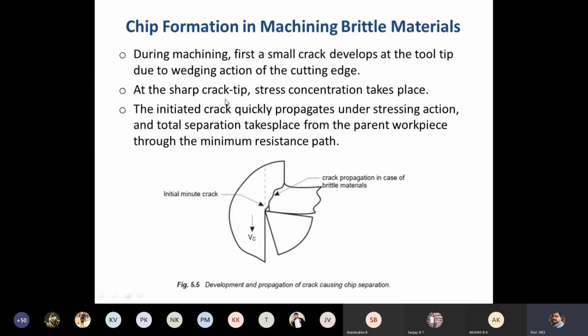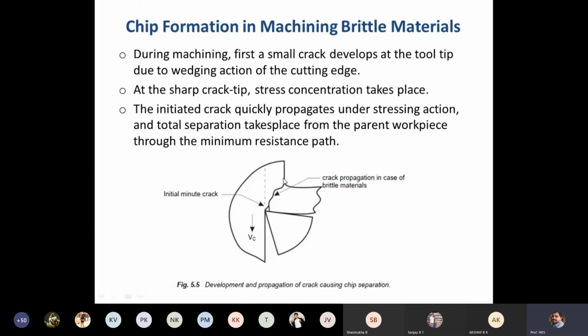At the sharp crack tip, stress concentration takes place. Later this crack will propagate, and material will be removed in the form of a broken chip. The initiated crack quickly propagates under stressing action, and total separation takes place from the parent workpiece through the minimum resistance path. This is the minimum resistance path through which the crack will propagate, and that will result in complete separation.